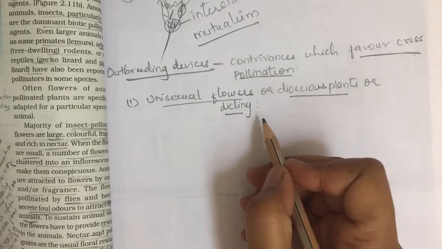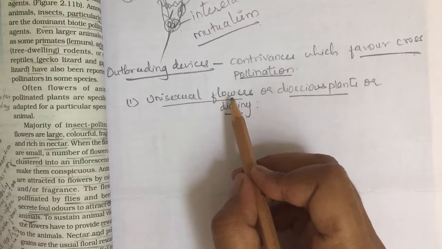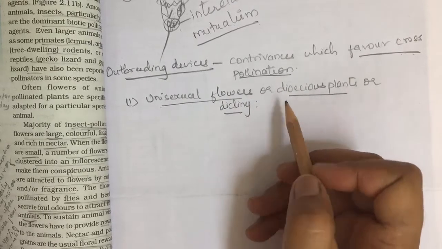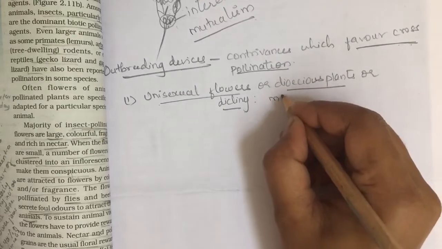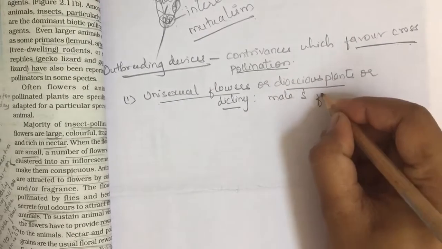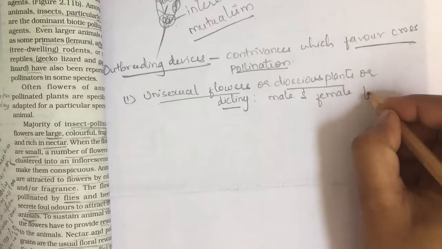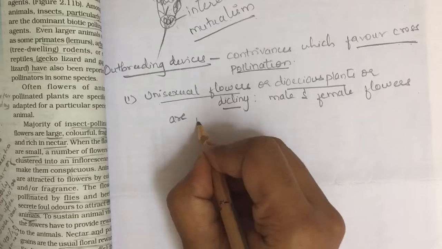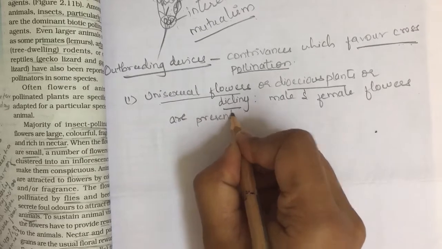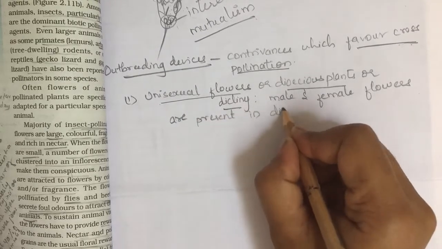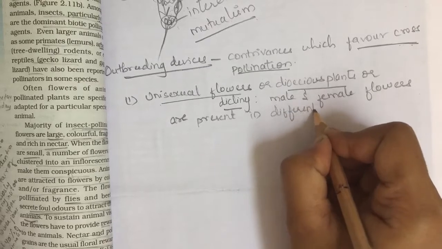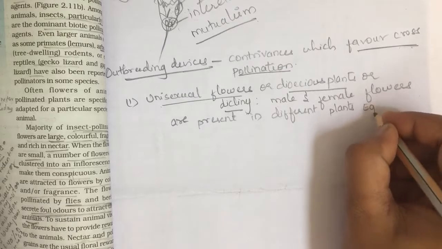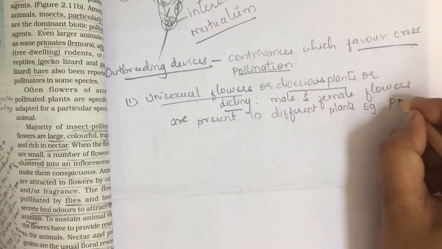Now what are these unisexual flowers or dioecious plants or dicliny? Male and female flowers are present in different plants. In the first chapter we have discussed this. Example for this is papaya.